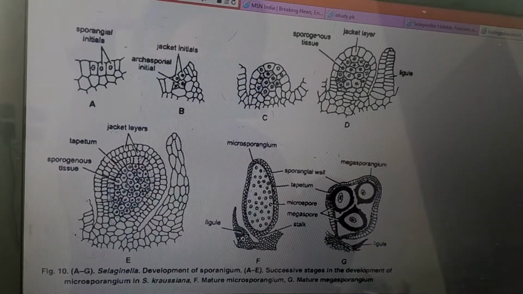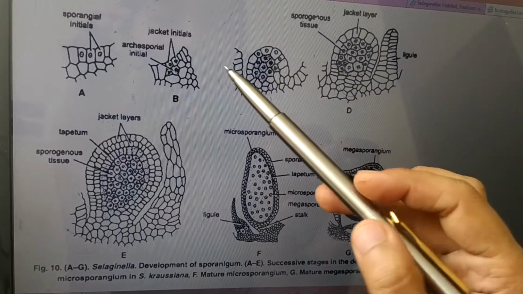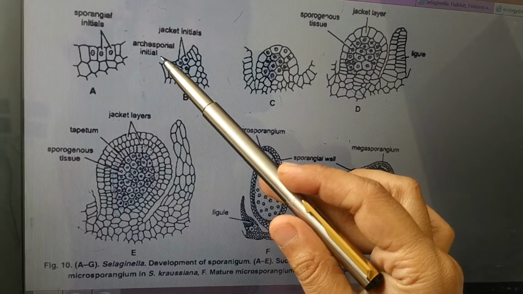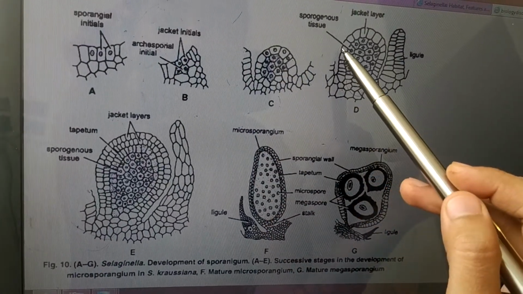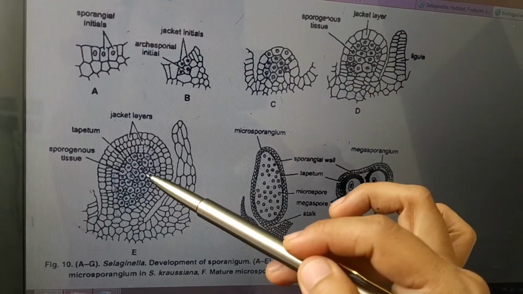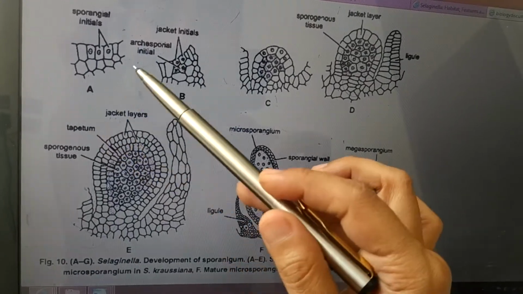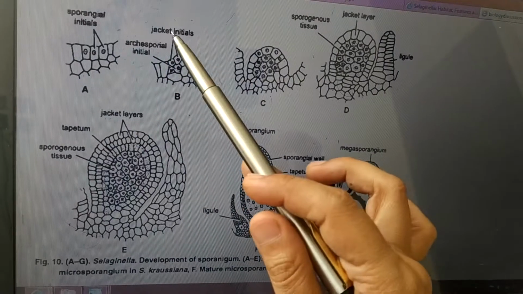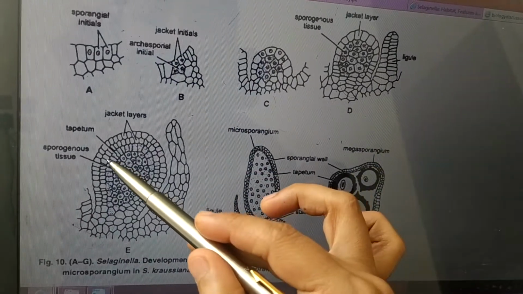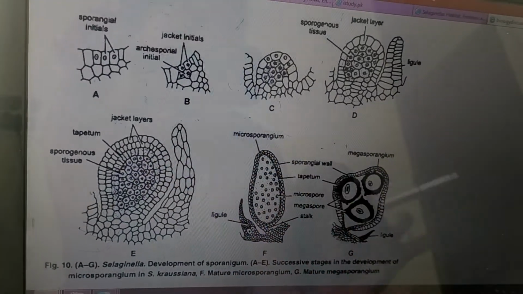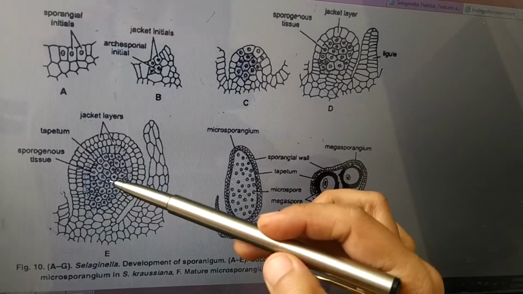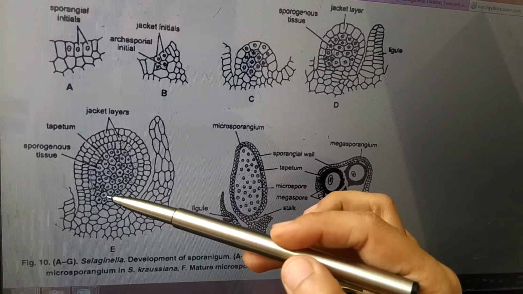Tapetum is formed by the differentiation of the archesporial initial cells, not from the jacket initial. This tapetum layer is nutritive in nature. It provides nourishment to the growing spores inside.